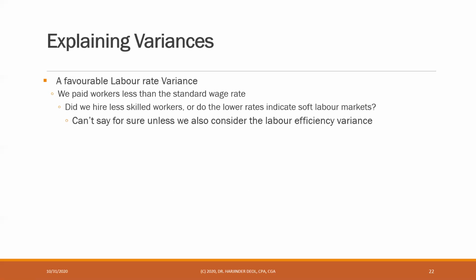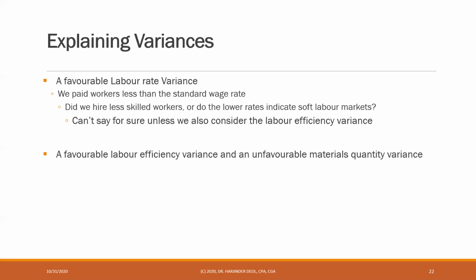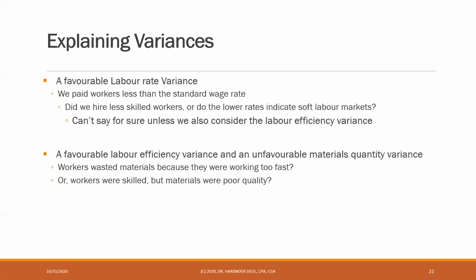We can't say for sure unless we also consider the labor efficiency variance. Now, if you get a favorable labor efficiency variance along with an unfavorable materials quantity variance, we could speculate that the workers were likely working too fast and therefore ended up wasting materials. Or, again, we don't know, maybe the workers were fine, but the materials were actually not of good quality.